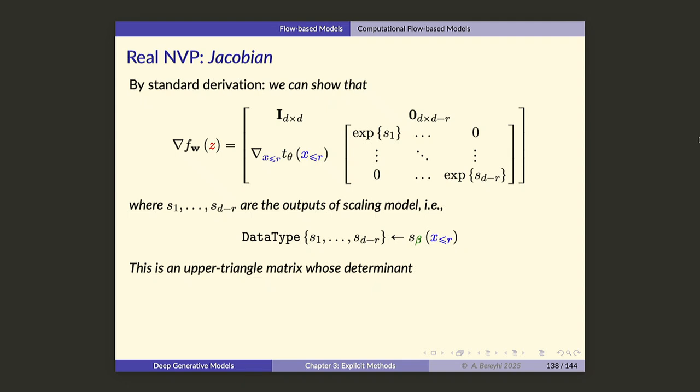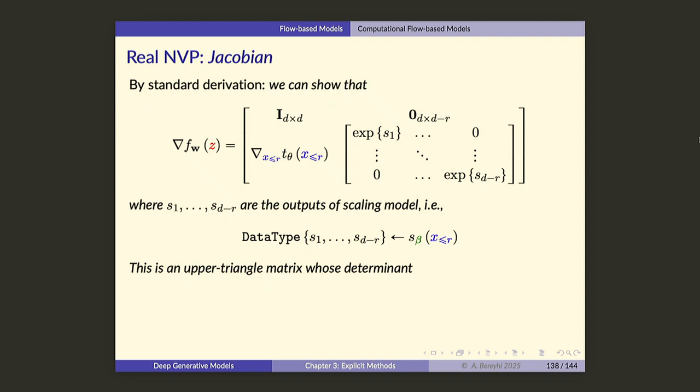Now, what is the determinant of an upper triangle matrix? If you have an upper triangle matrix, what is the determinant of it? You multiply the diagonal entries. The product of the diagonal entries of an upper triangle matrix is the determinant, right?